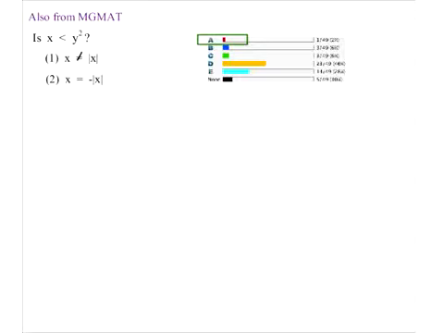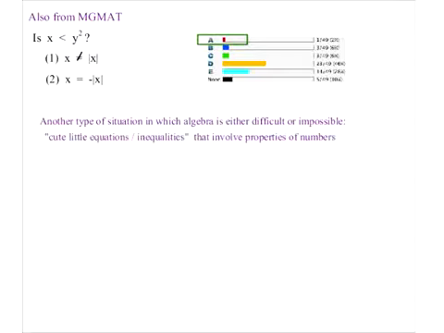Another type of situation in which algebra is either difficult or impossible is what I'm going to call cute little equations or inequalities that involve properties of numbers. And they're not going to tell you that they involve properties of numbers.